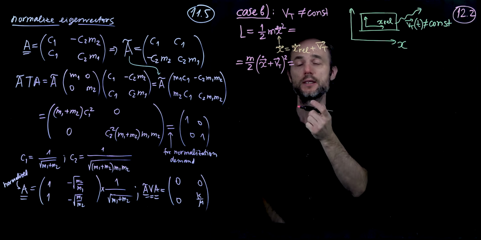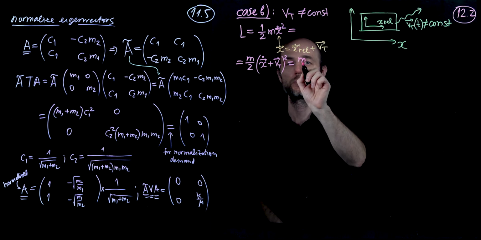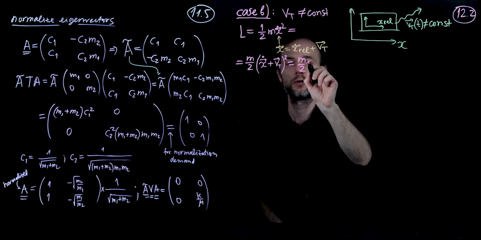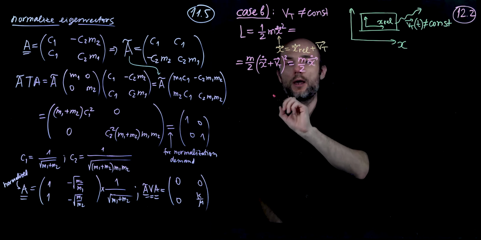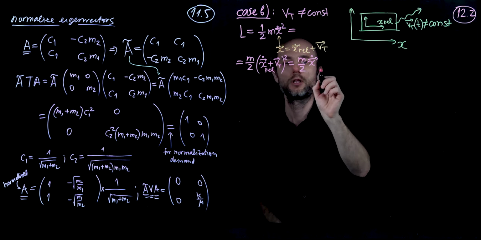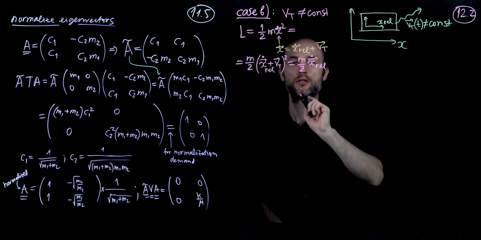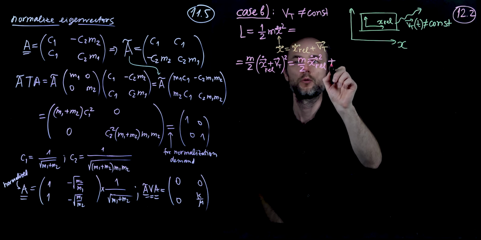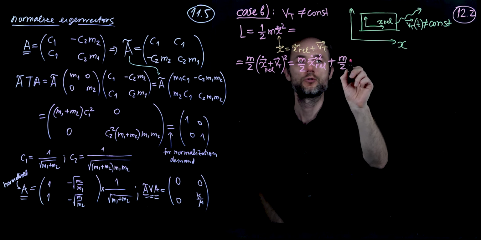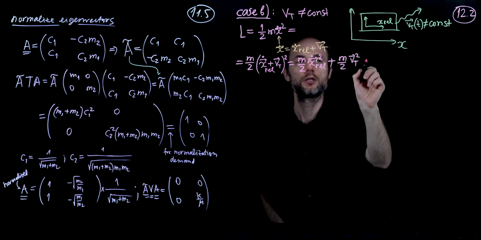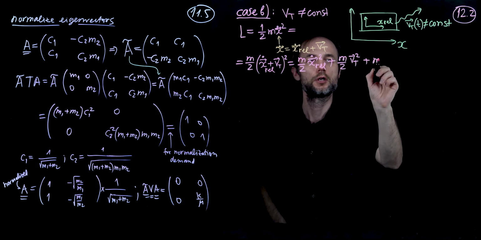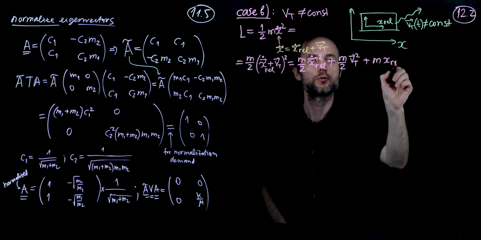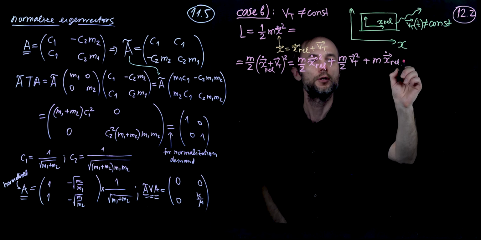As before, in case A, we can expand this into m over 2 x rel dot squared plus m over 2 times v train squared plus m x rel dot times v train.